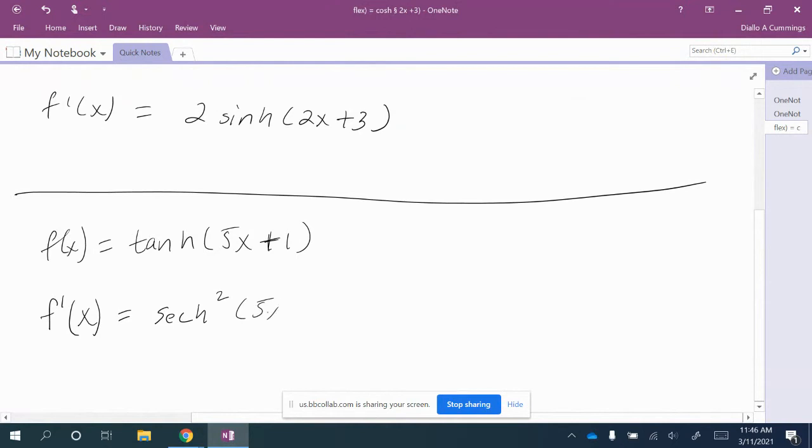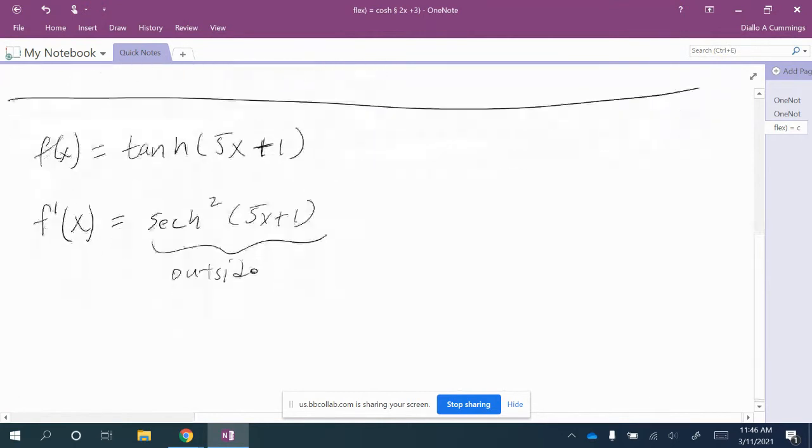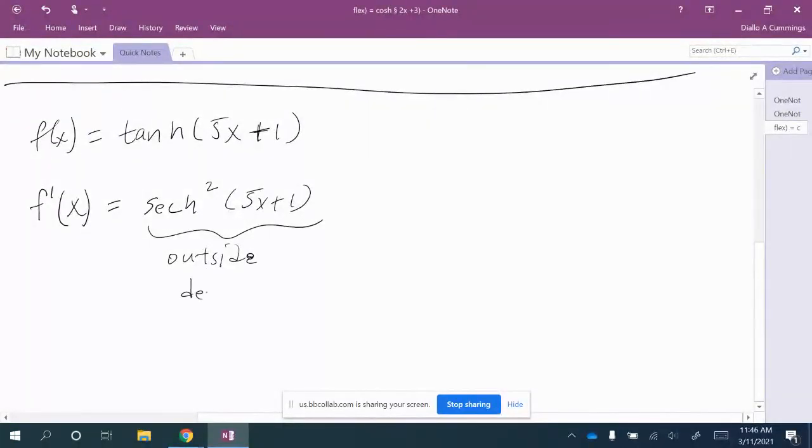So I'm going to take my outside derivative times my innermost derivative. Derivative with respect to x for 5x plus 1 is 5.